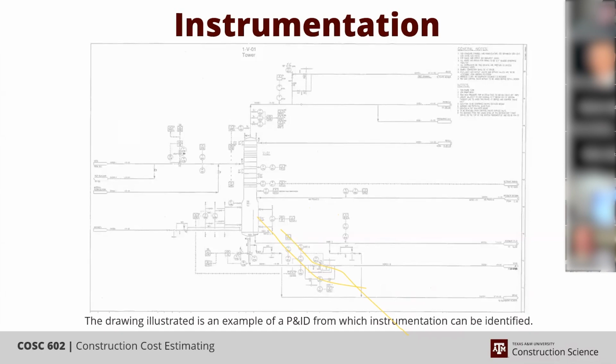But the signal's going to have to get back to the control room one of those methods: either you've got home run electric cable running all the way back, or it's going to be converted, and then the optical cable will take the signal back. But you can see here, you've got instrumentation that's attached to the piece of equipment itself, and you've got other instrumentation here that's attached to the pipe itself.